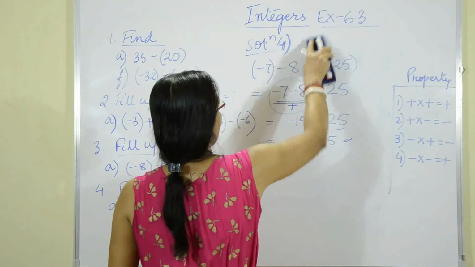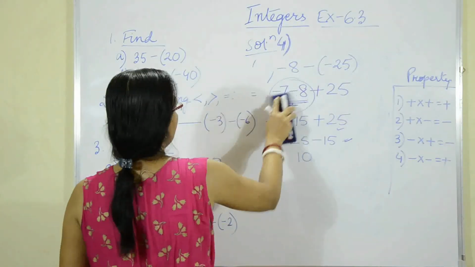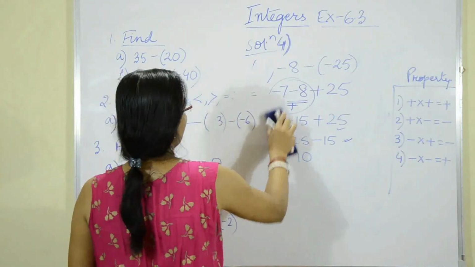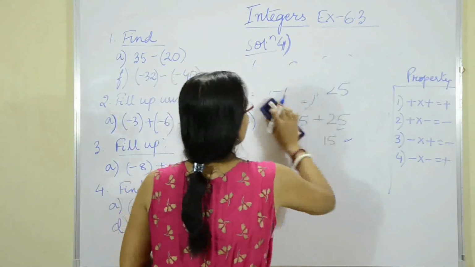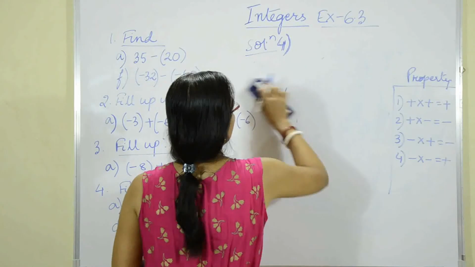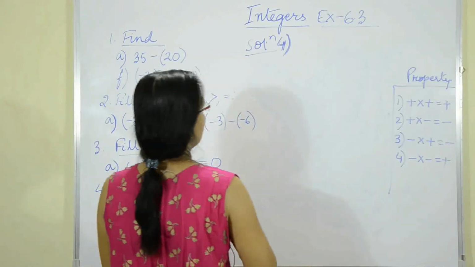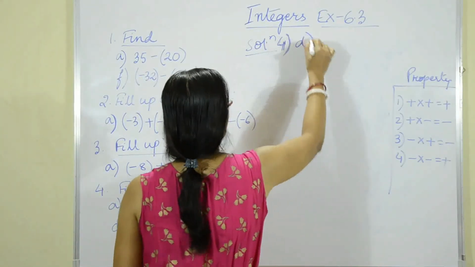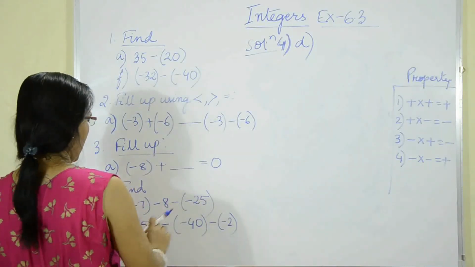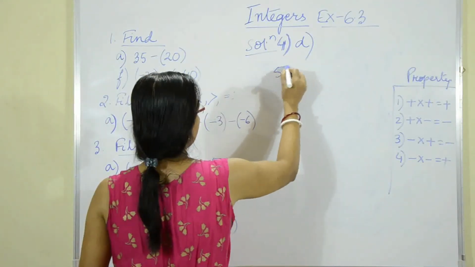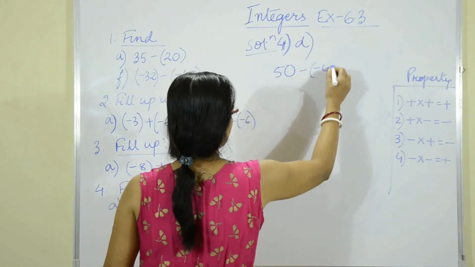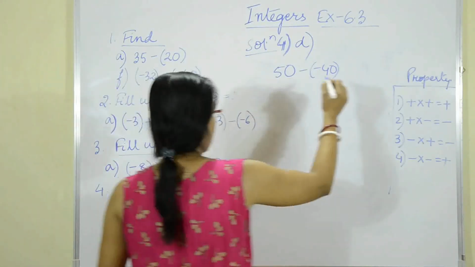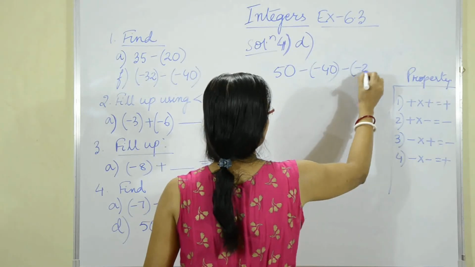Now we come to number D, 4D. 50 minus of minus 40 minus of minus 2.